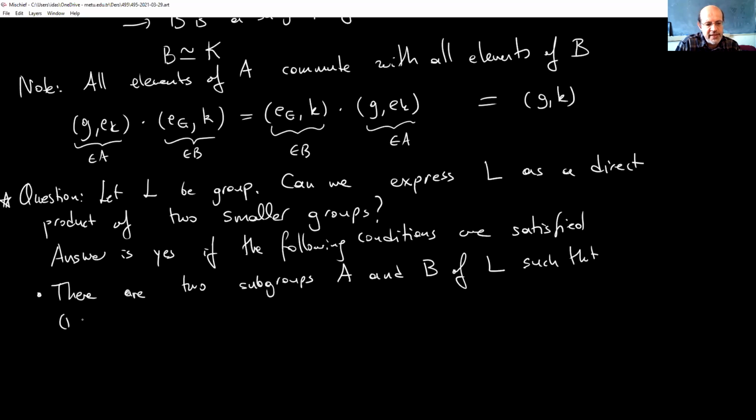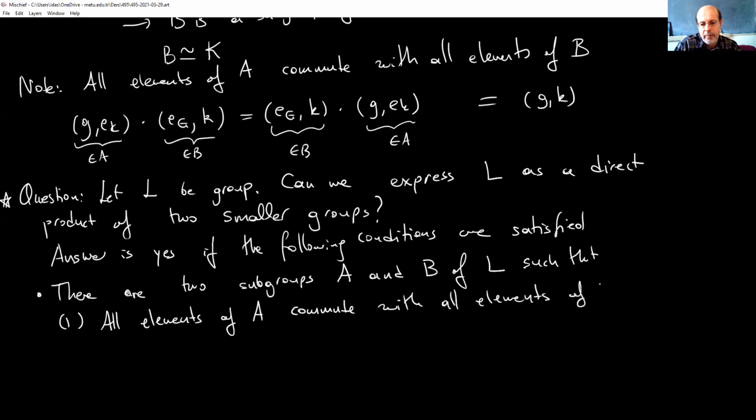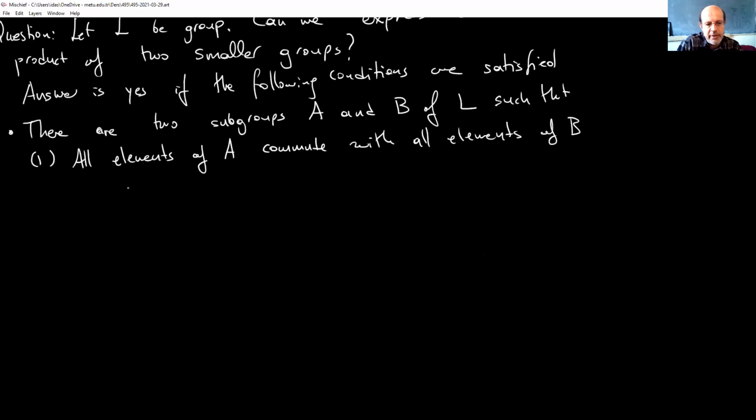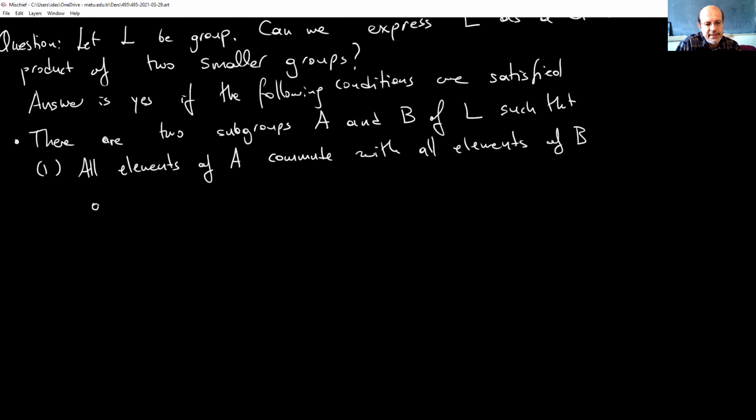the first condition is that all elements of A commute with all elements of B. In math notation, if a is an element of the subgroup A and b is an element of the subgroup B, this implies that the product ab is the same as the product ba.